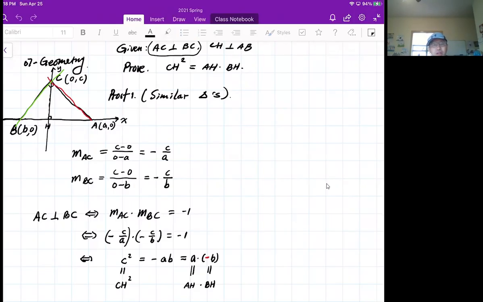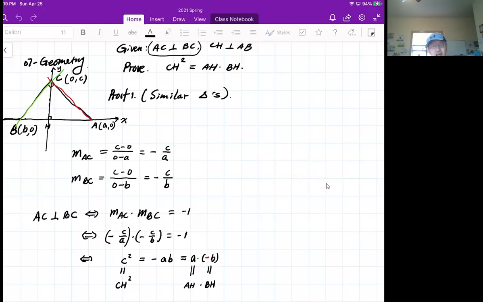The original proof in geometry, in the previous course, used similar triangles, but today I don't want to do that. So let's see. The slope of AC is negative c over a, and the slope of BC is negative c over b.